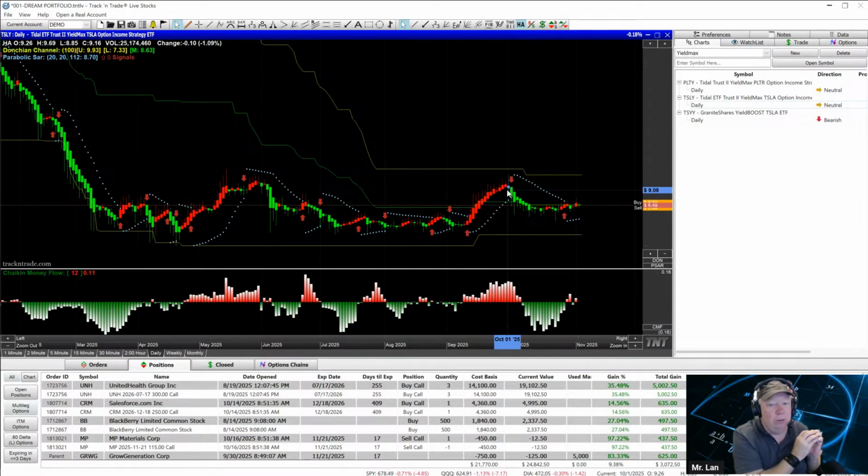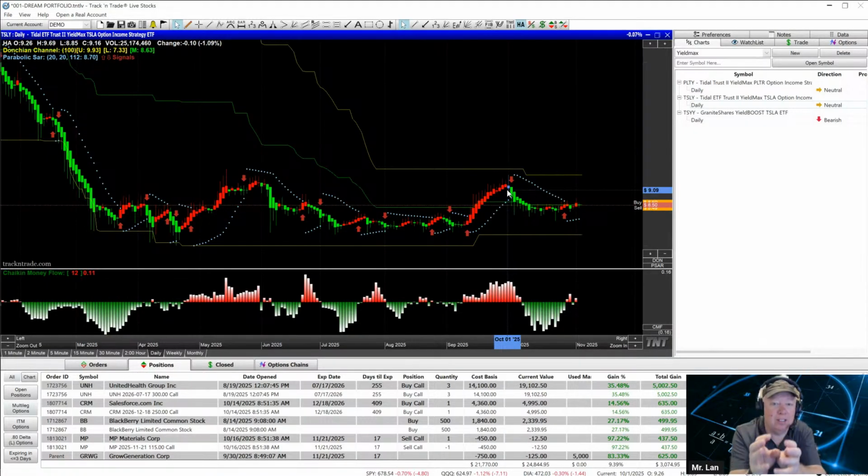So what Bruce was explaining to you last night that I probably didn't make very clear in the beginning was I said you're going to give your money to Yield Max, and they're going to go trade options with it. You don't actually send your money to Yield Max. Yield Max is the management firm that manages the ETFs that are on the exchange. So the way you give your money to Yield Max is by putting your money into this stock symbol. This stock symbol is TSLY. It's on the stock exchange.